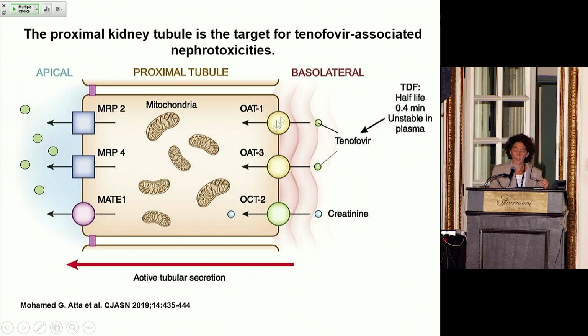And along the way, if the basolateral transporters are working very quickly, or the apical ones are more sluggish in terms of rate, then the mitochondrial DNA can be affected by these drugs. And so that's what we think is happening here.